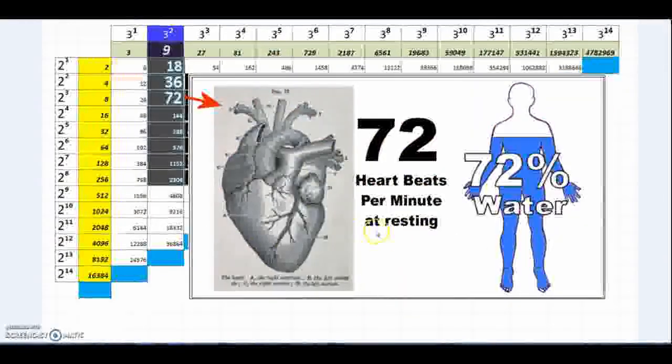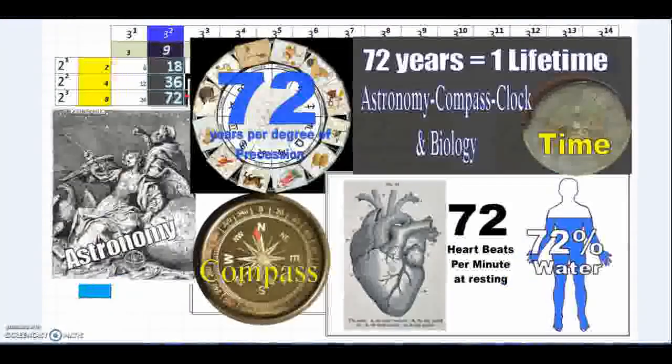Now that's cool because in biology, 72% of the human body is water, and at rest the heart beats 72 beats per minute. That's 60 seconds per minute times 5 over 6, so 72 is a nice reference there. But some biological connections as well, which is nice because 72 years is essentially 1 lifetime.